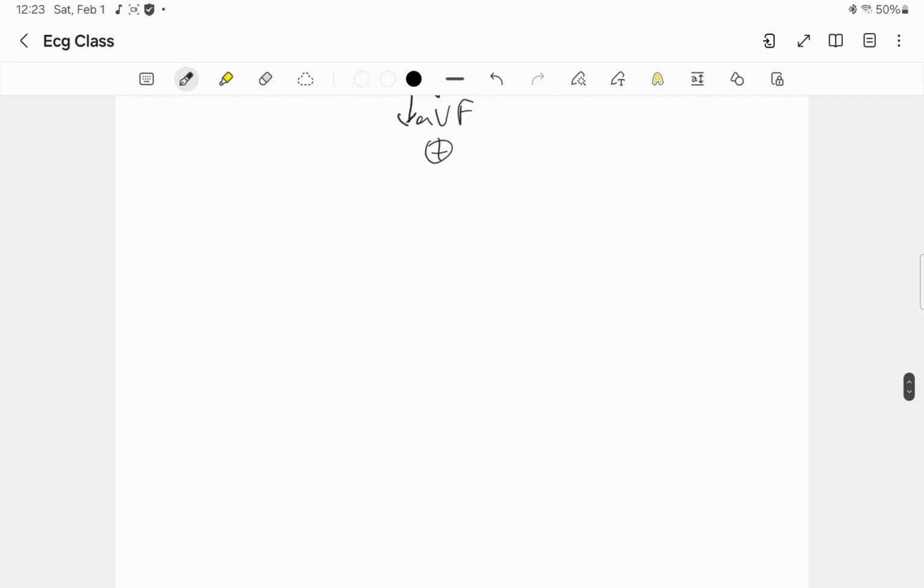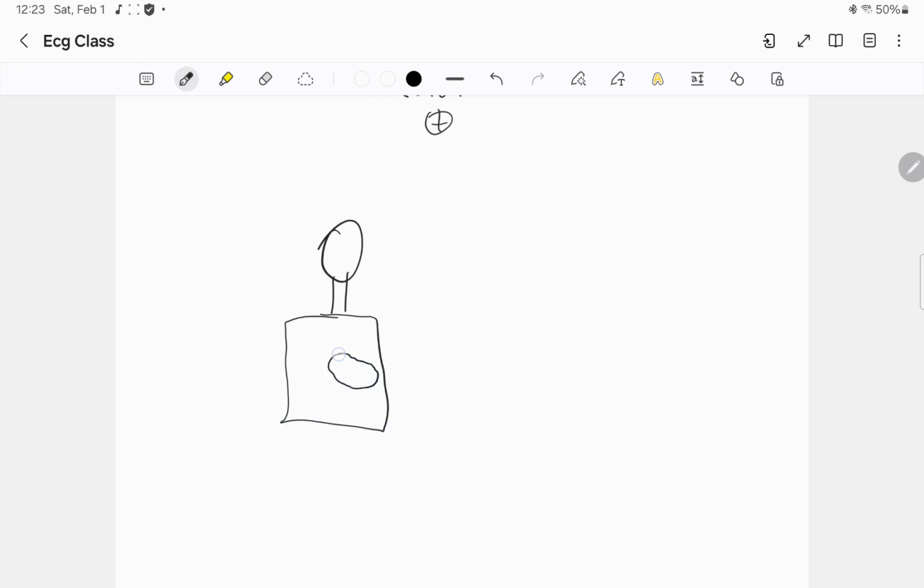So for example, let's draw Ralph again. So this is Ralph, this is his heart, and the electrical impulse, which is a normal one, is going like that. This is his lead 1, and lead AVF, as we mentioned before, is a unipolar lead, so let's just put a positive here.